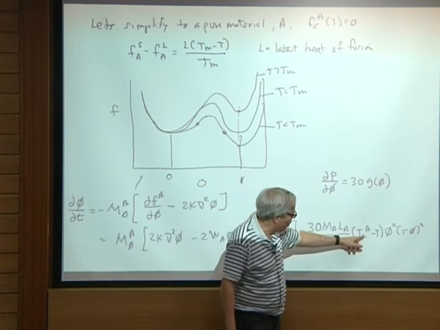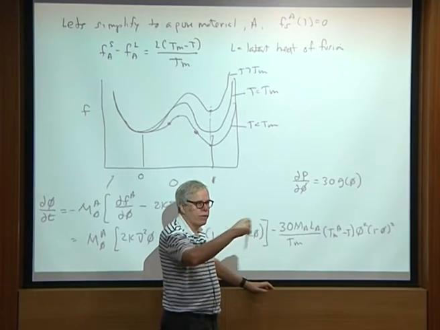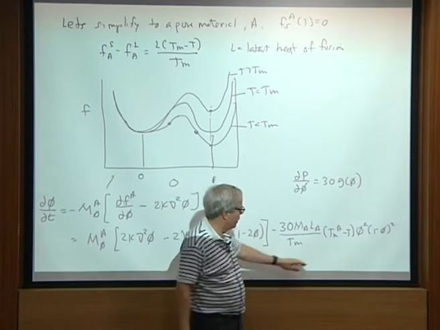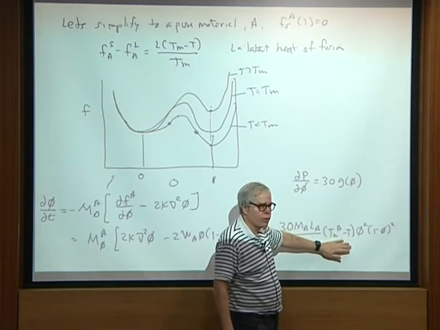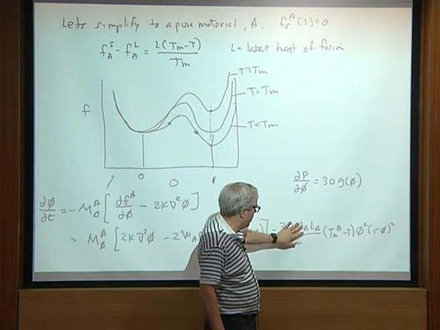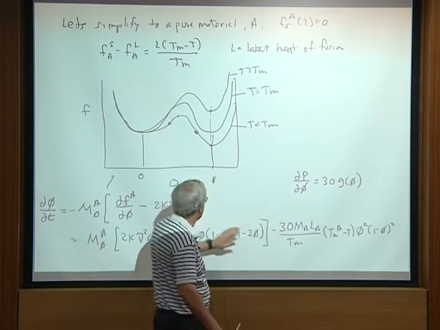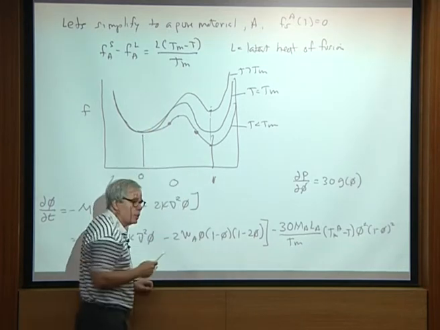As you cool below the melting point, this interface will move, kind of independently or related to the diffusion of heat in the problem. So this is a mobility term in the phase field model that occurs naturally when you just say that those free energy functions have this temperature difference.